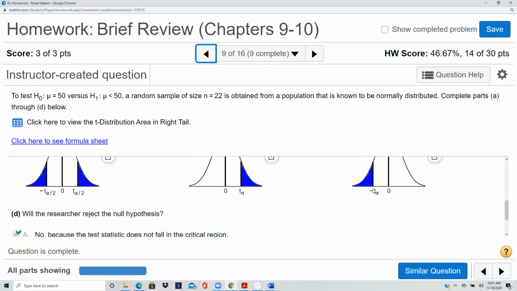Remember, this is negative 1.3. So will the negative 0.99 be here or outside? Just think of it as the number line where this is negative 1.3. So where is negative 0.99?